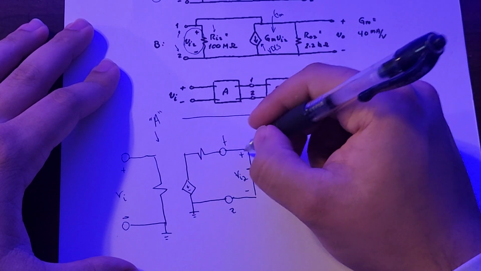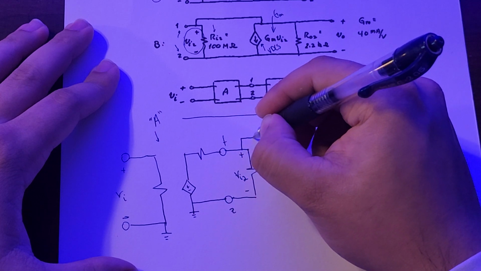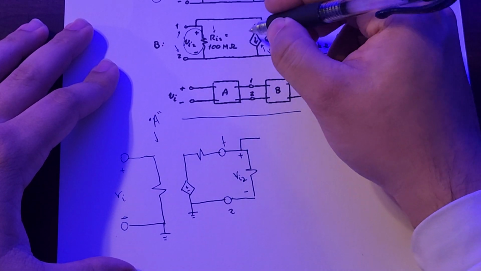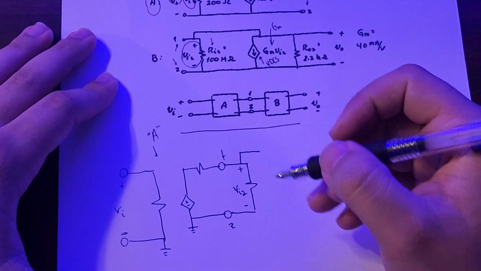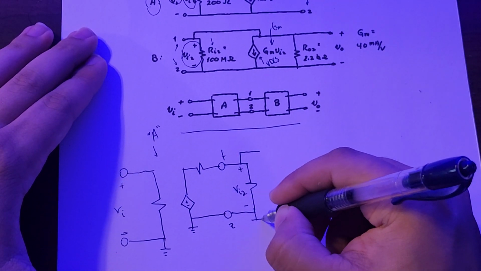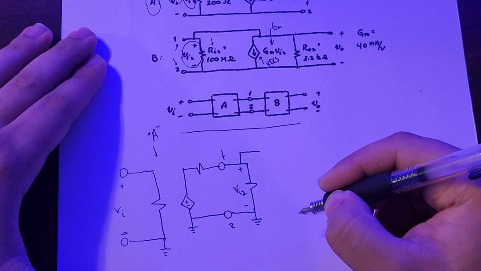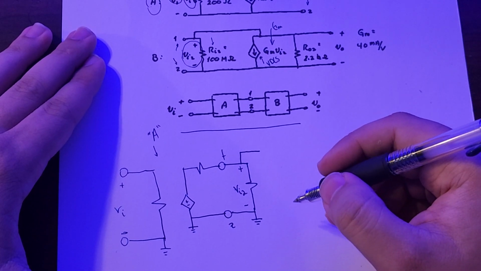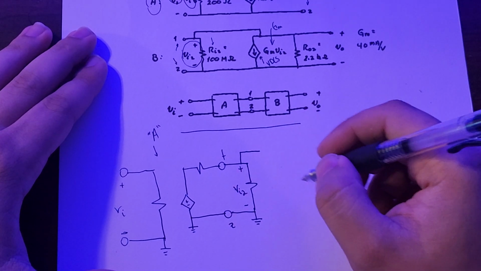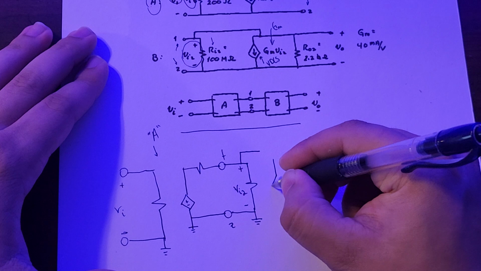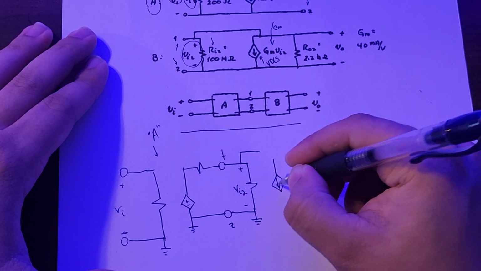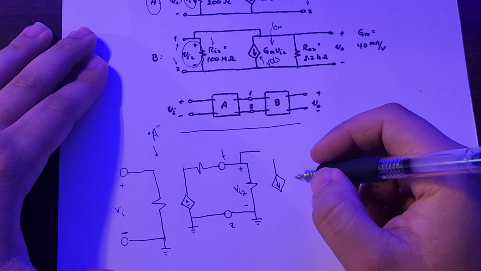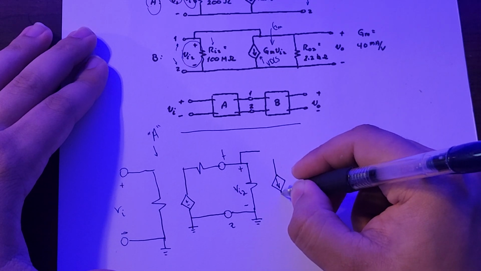VI2. And we have this weird thing, it looks like a feedback wire kind of, if we can see up here. But then again, we have this ground voltage, or ground reference node, however we want to think about it. And then we have this voltage controlled current source, or voltage dependent current source.